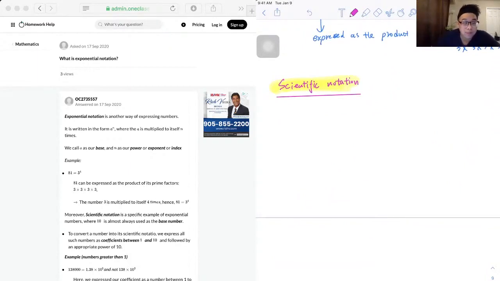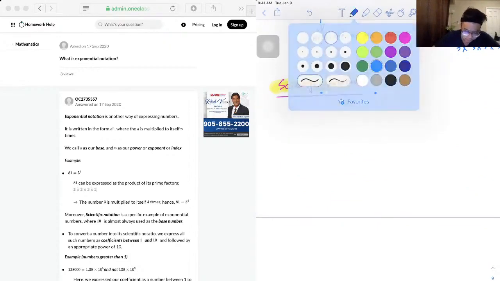So it is a specific example of exponential numbers where 10 is almost always used as a base number. So let's write this down.